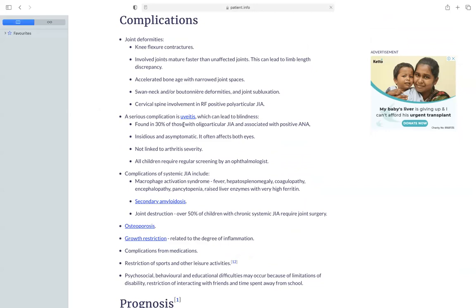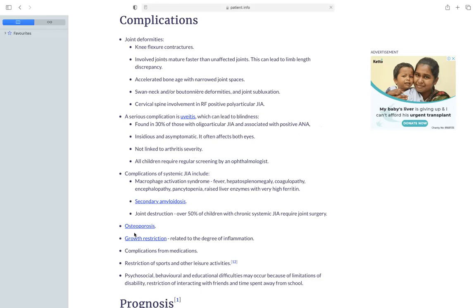A serious complication is uveitis, which can lead to blindness. 30% of those with oligoarticular JIA are associated with positive ANA. So ANA will be your basic test if you are suspecting JIA, because 30% of oligoarticular JIA is associated with ANA. It is insidious and asymptomatic, often affects both eyes, and is not linked to arthritis activity.